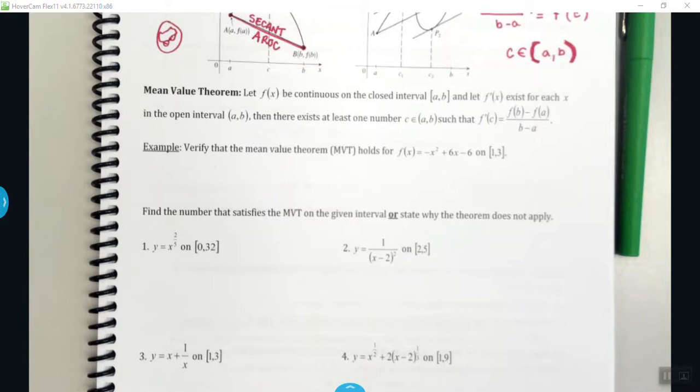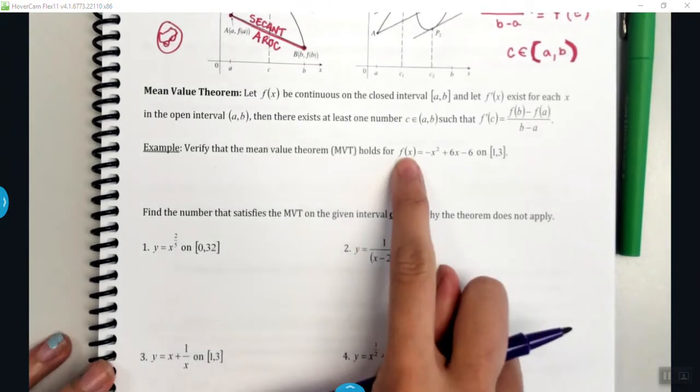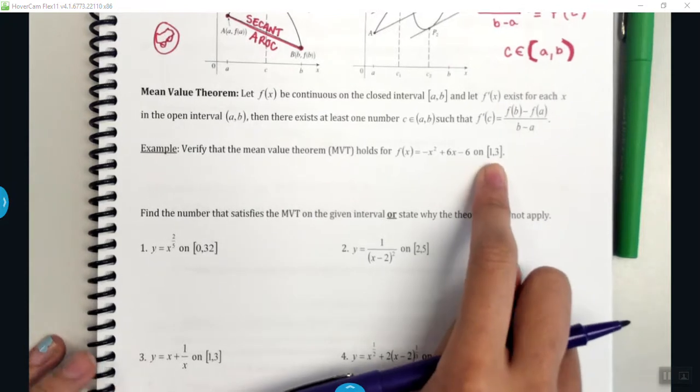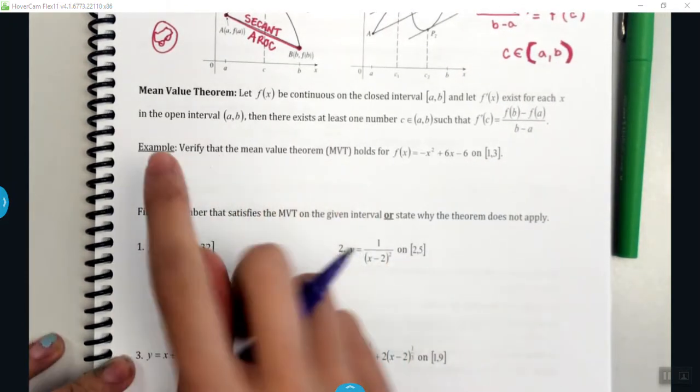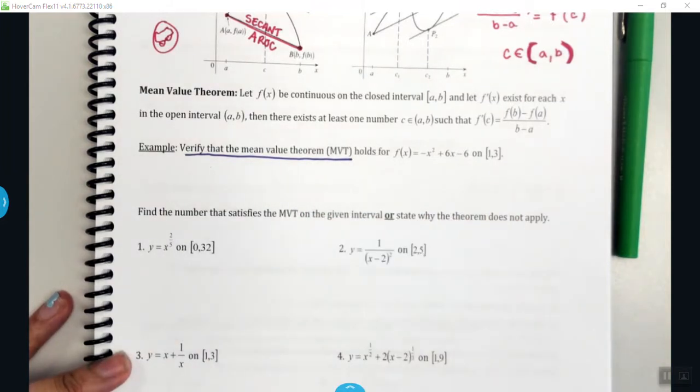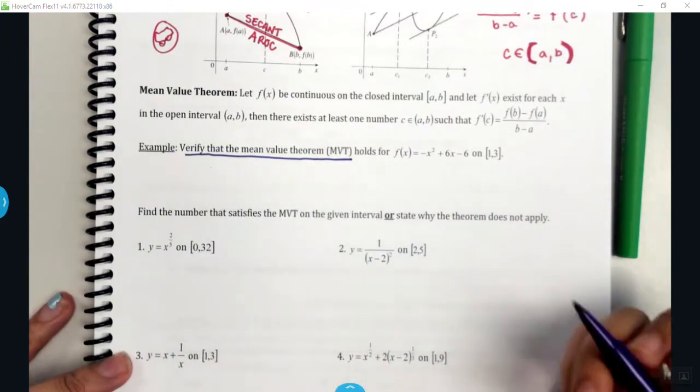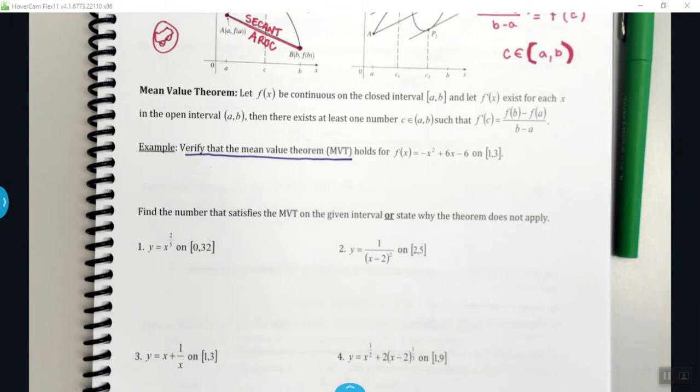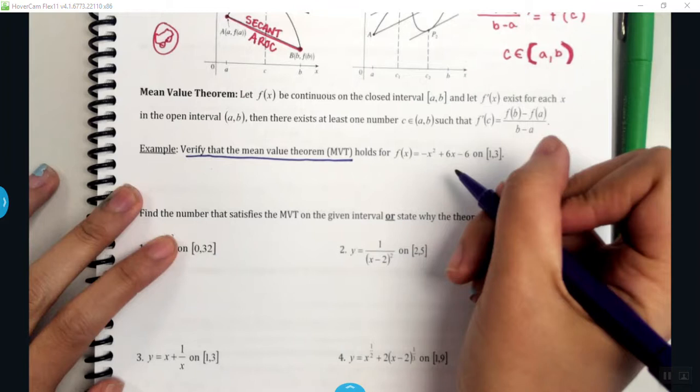Verify that mean value theorem holds for f of x on the interval 1 to 3. So I only have to verify that mean value theorem exists on this one. Let's start with the first level of differentiability.